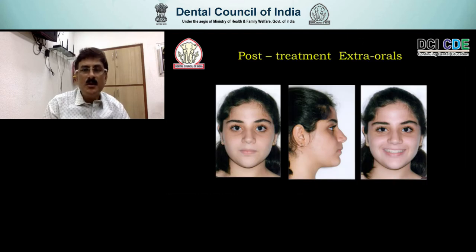Now, these situations can be treated without extraction because you had ways and means to create space other than extraction. And in this case, it was the expansion, a rapid expansion, which was legitimate in this situation because there was a transverse discrepancy between the upper and the lower dentition. And hence, this expansion created enough space for alignment.